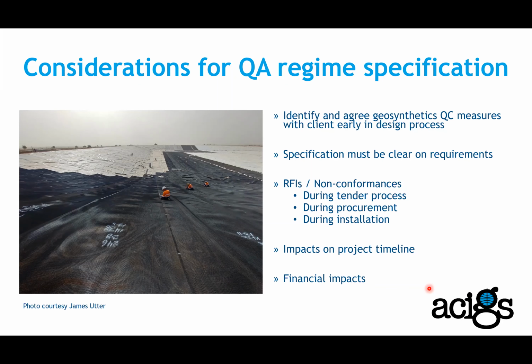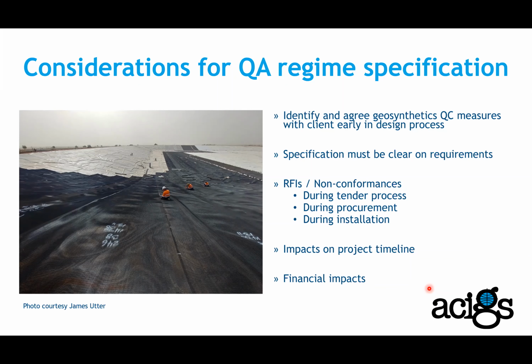personnel. And also RFIs, request for information, or non-conformance reports, NCRs, during tender process, during procurement, and during installation. So we should somehow consider these RFIs coming through. But essentially the key there is we should try and raise the RFIs or close out the RFIs earlier in the process, rather than raising those RFIs later during installation, which can cause delays and cost implications.